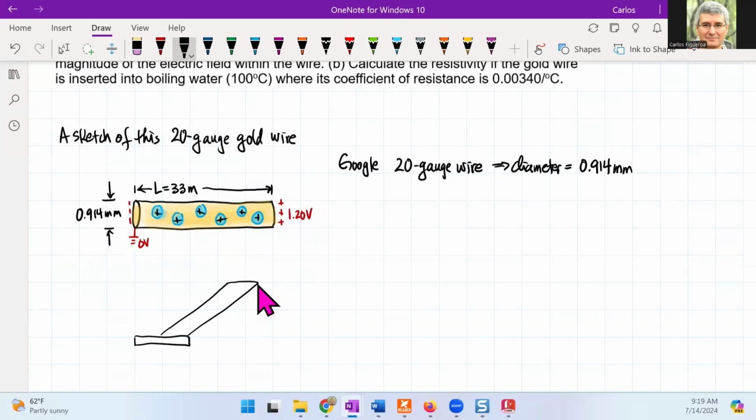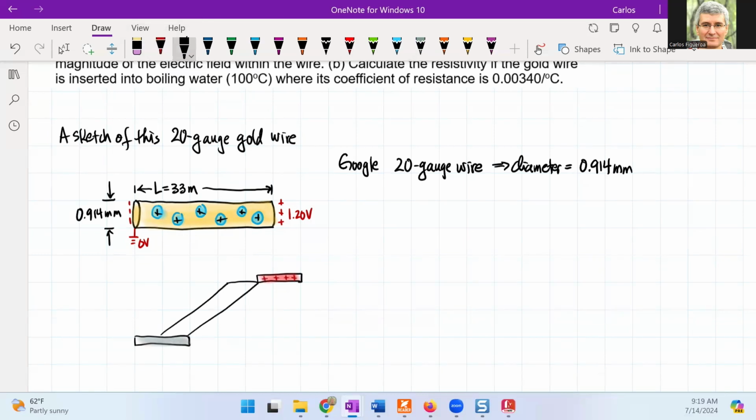At this height here, I have my positive plate, my red plate, and I have my ground plate right here. Up here, I'm going to have a positive charge.